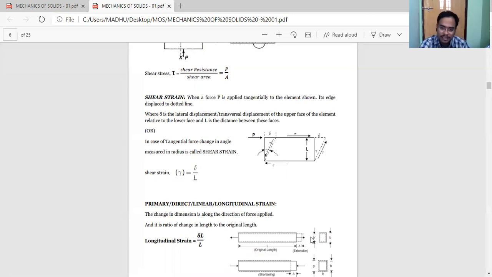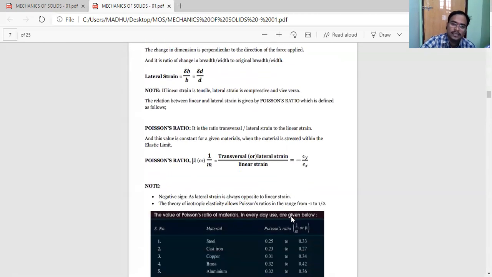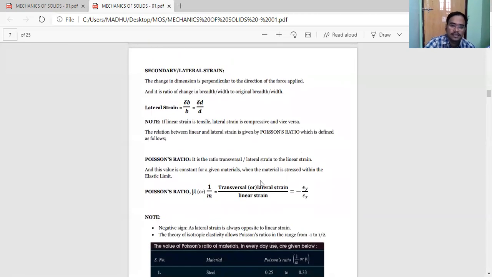The first one is primary strain, the second one is lateral strain. If the dimensions are changing in the direction of the application of the load, it is primary. If the dimensions are changing perpendicular to the applied load, it is lateral strain. That is what is discussed here, secondary strain or lateral strain.